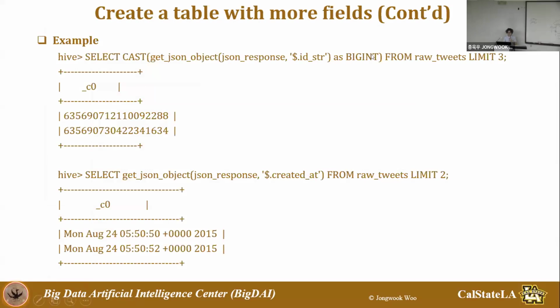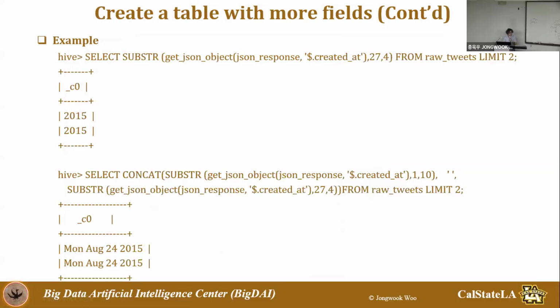Okay, so this is what I said: there are multiple examples to find out each element from a get_json_object, using get_json_object from row to each table. So this is what I just explained.